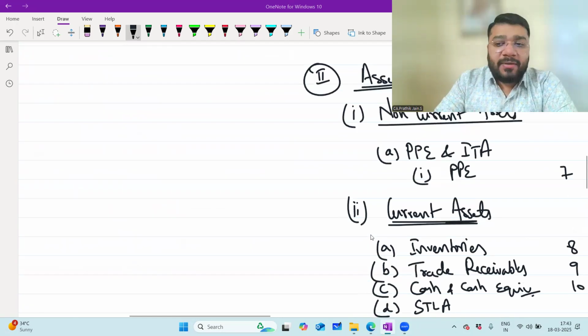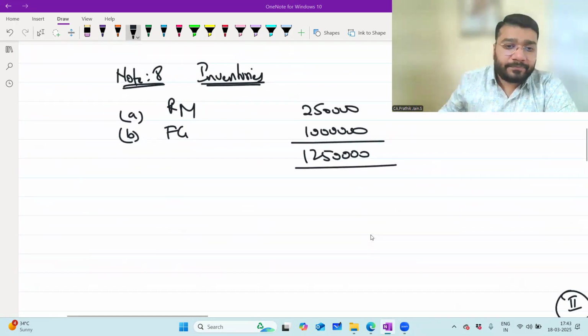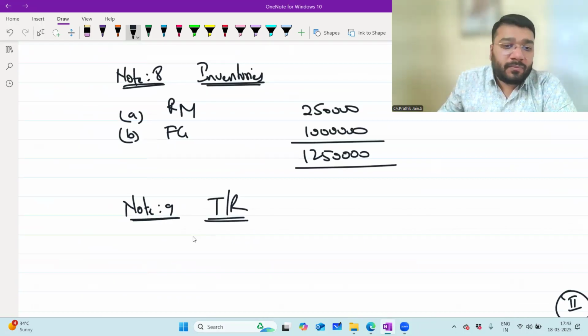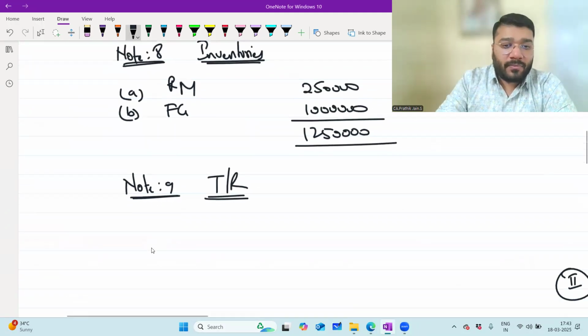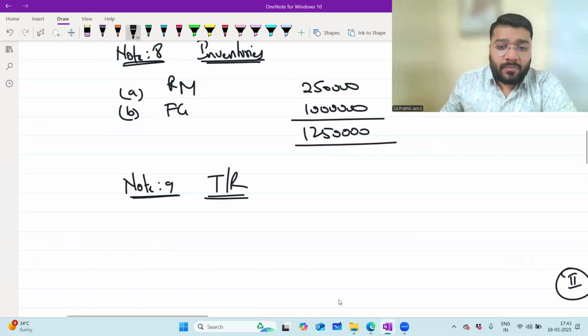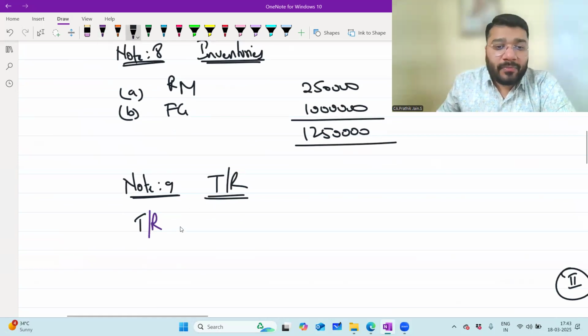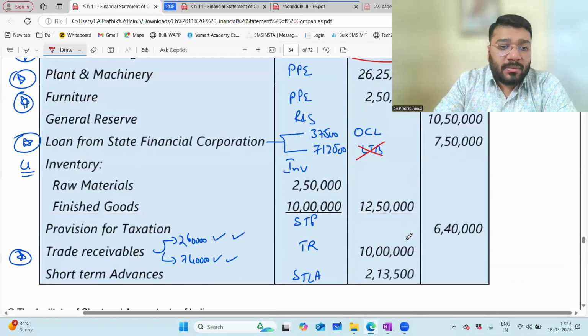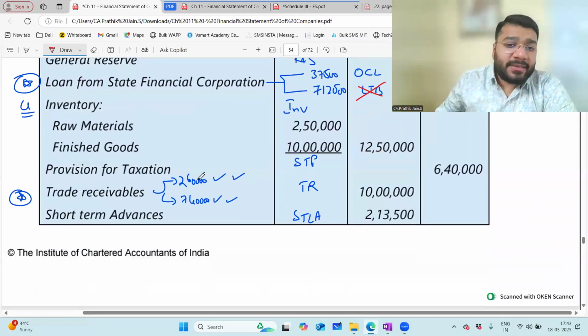Trade receivable, note number 9. Trade receivables due for more than 6 months, 2,60,000 rupees.